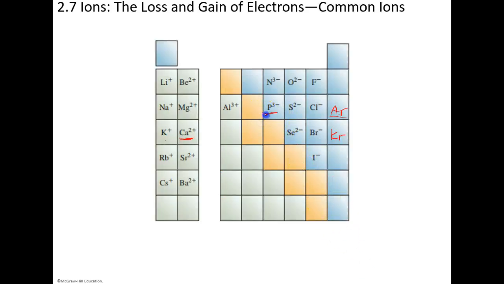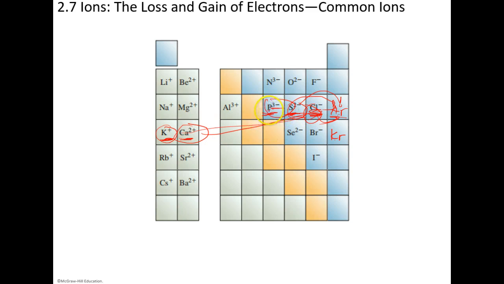So phosphorus, sulfur, chlorine, potassium, these are all isoelectronic with argon, meaning they have the same electron configuration as argon. Because phosphorus gained 3 electrons. You have to remember negative in chemistry means gaining electrons.